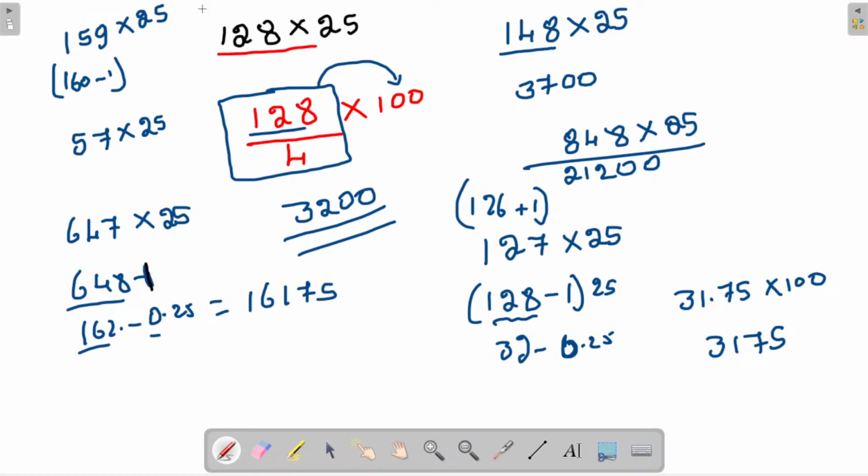For example, I want the answer for 43 into 11. If it is easy numbers, I will do one method. If the numbers are a little bit difficult, I will use the second method.